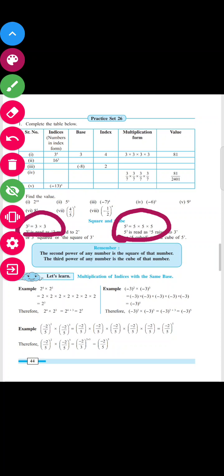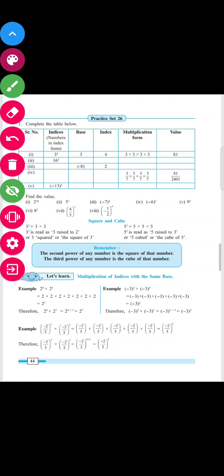Okay, so the number which is present on the head is called the exponent or power, and the number which lies below is called the base. Clear?